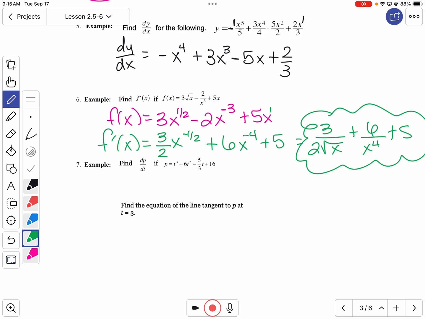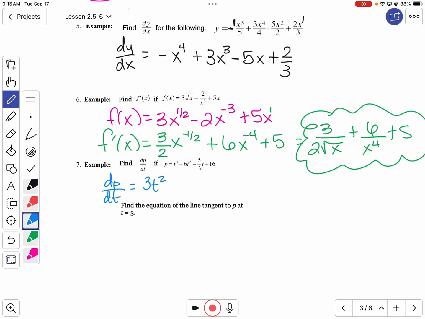So it starts out on 7 as just saying, hey, find dp dt. Okay, so they change the variables around, right? P is my dependent variable, T is my independent variable, but we're just finding a derivative like we've always done, or like we've been doing today. Okay, and so if we find that dp dt, what's going to be your first piece? 3t squared.